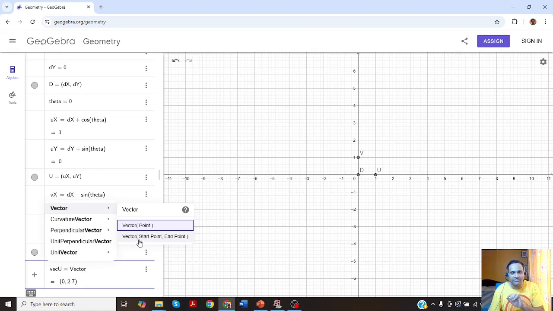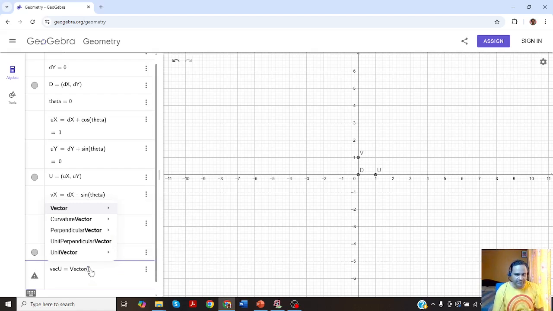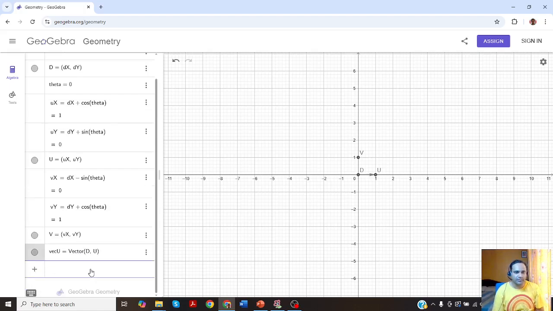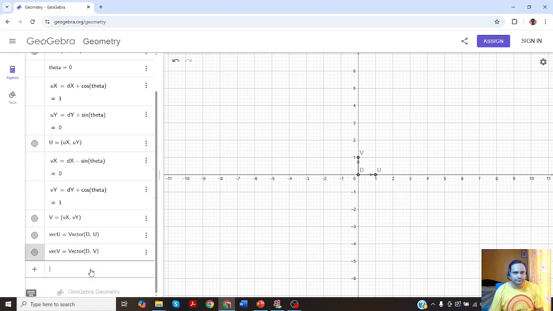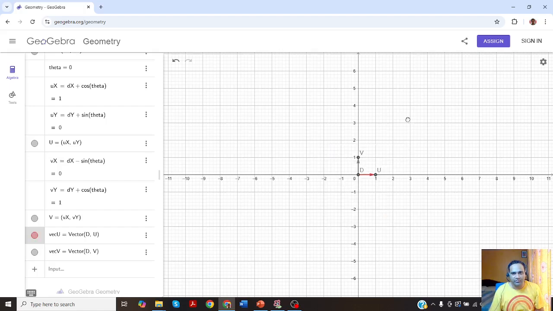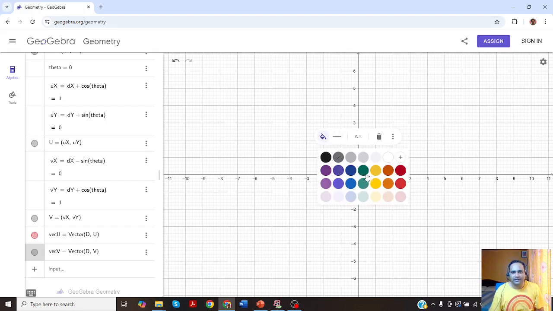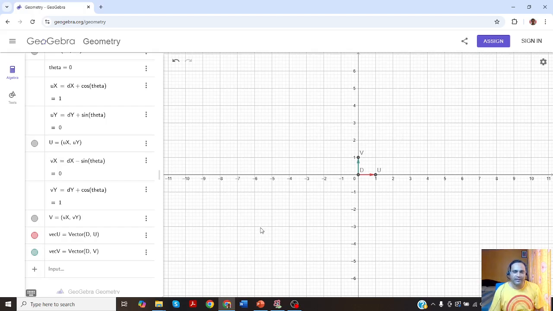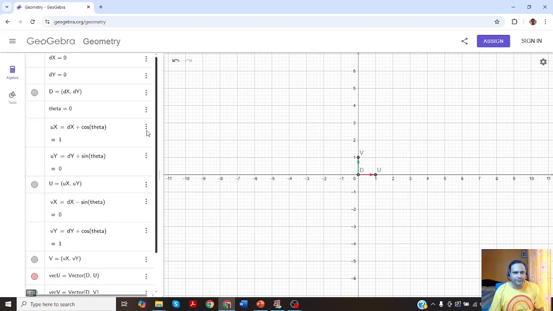So in our case we know the start point and end point, so I'll say start point is D, end point is capital U. Similarly, vector v is equal to vector between D and capital V. Okay, now just to play around, I'll make this color red, because usually in CAD software and other places we have color. X-axis is red, green for y-axis.